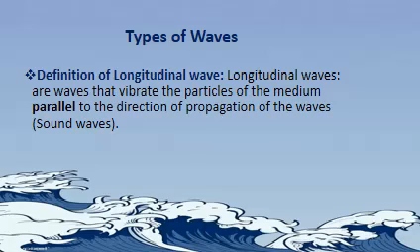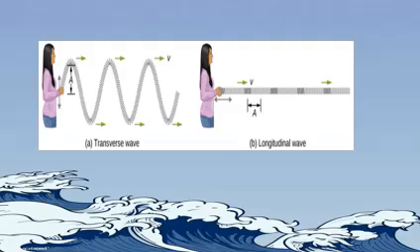Definition of longitudinal wave. Longitudinal waves are waves that vibrate the particles of the medium parallel to the direction of propagation of the waves. So the girl in this figure is carrying a long spring. Imagine that the girl is stretching it horizontally by fixing one end to a wall and holding the other end by her hand, producing a vibration in the spring by tapping it by the hand.